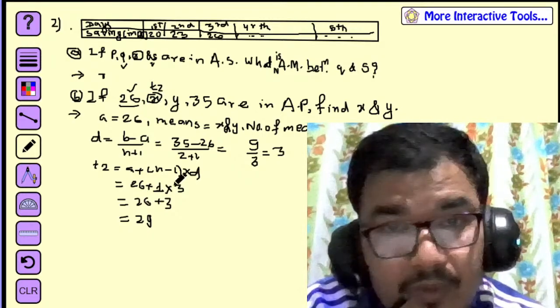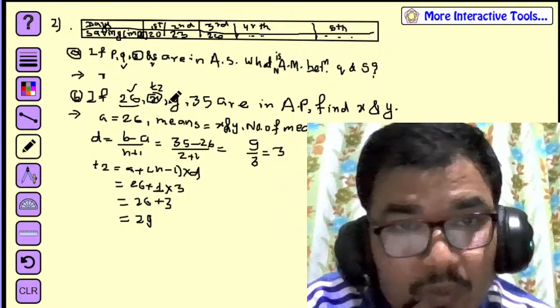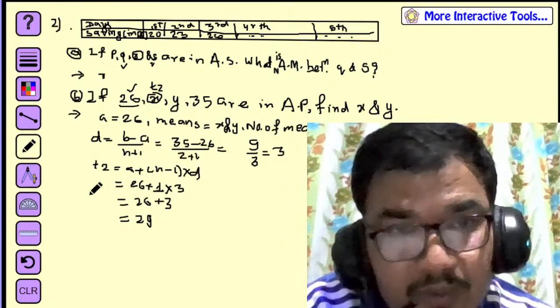Similarly, to find y, which is the third term, we use the same formula.